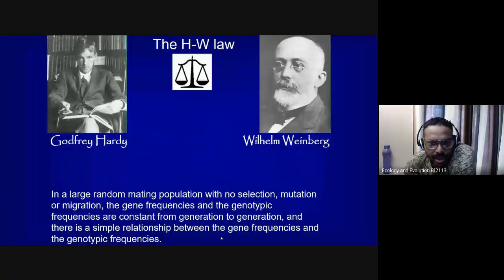Statement of the law: in a large random mating population with no selection, mutation, or migration, the gene frequencies and the genotypic frequencies are constant from generation to generation, and there is a simple relationship between the gene frequencies and the genotypic frequencies. Now note, lots of people, when asked what the Hardy-Weinberg law is, simply say p plus q equal to 1 and p squared plus 2pq plus q squared is equal to 1.